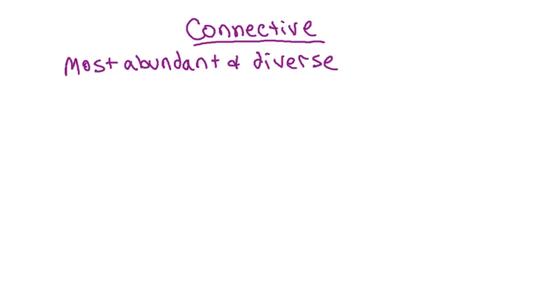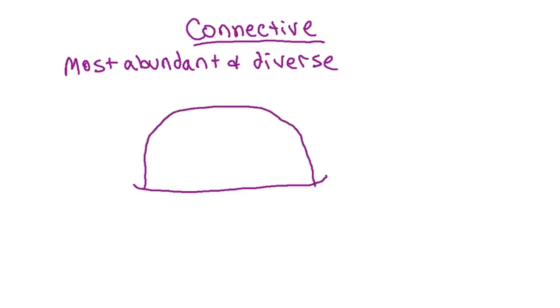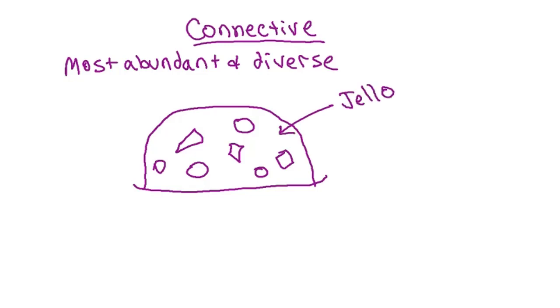What it's more like is, at Thanksgiving dinner or something, your aunt makes a Jell-O mold, and it has little pineapple chunks or carrot chunks in there, or strawberries or whatever they put in there. There's all these little chunks. So connective tissue would be the Jell-O of the Jell-O mold. It makes the matrix where everything else resides.